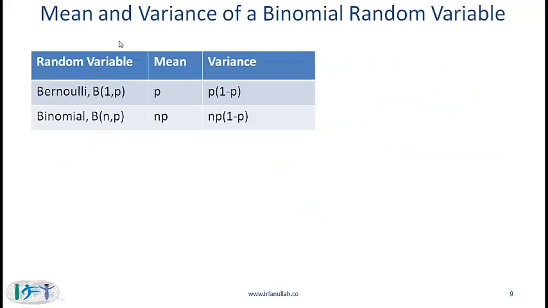What is the mean and variance of a binomial random variable? If you just take a simple Bernoulli, the Bernoulli is expressed as 1 comma p, 1 because with a Bernoulli you are just doing one coin flip or one experiment. There the mean value is p and the variance is p into 1 minus p.